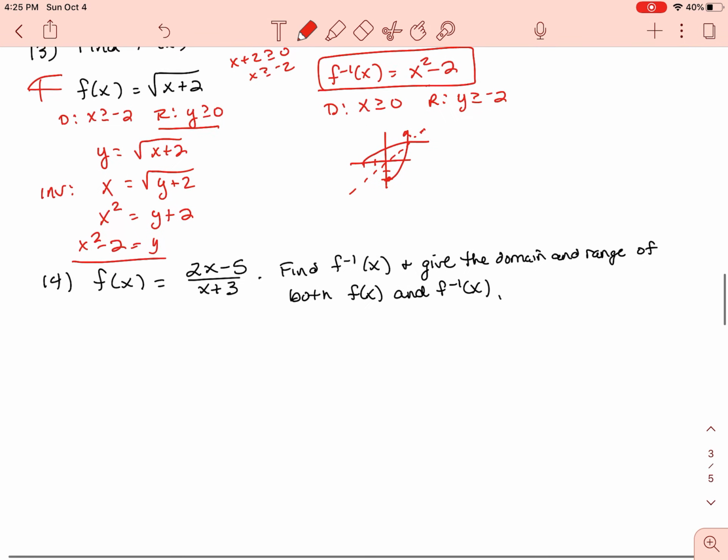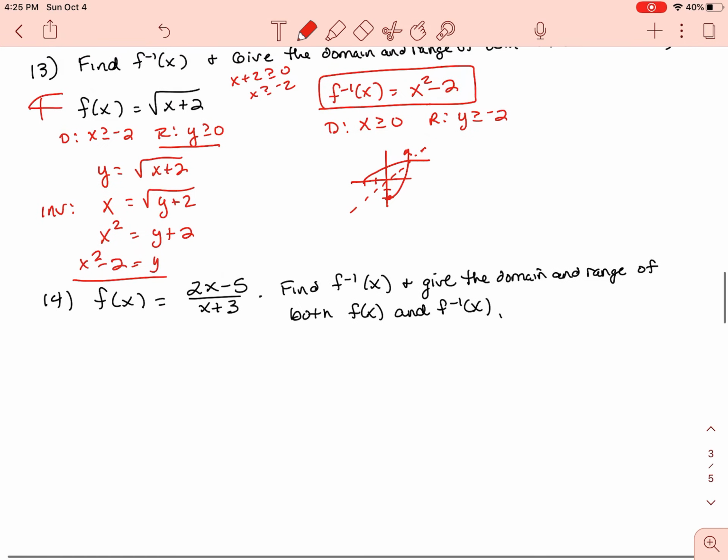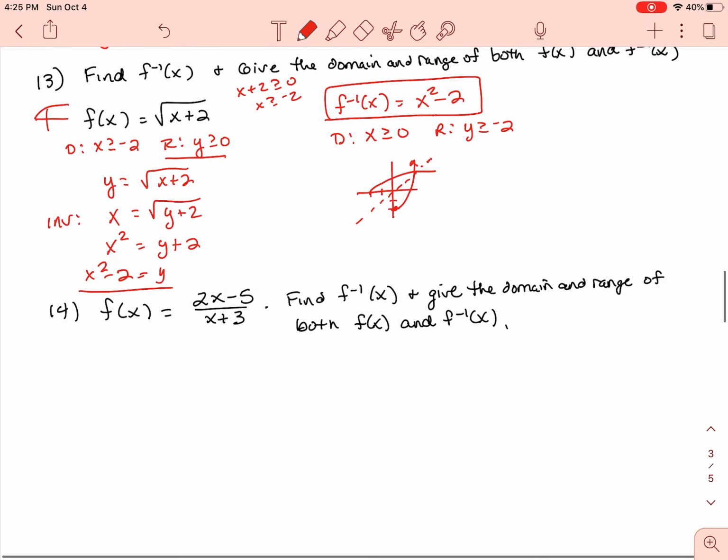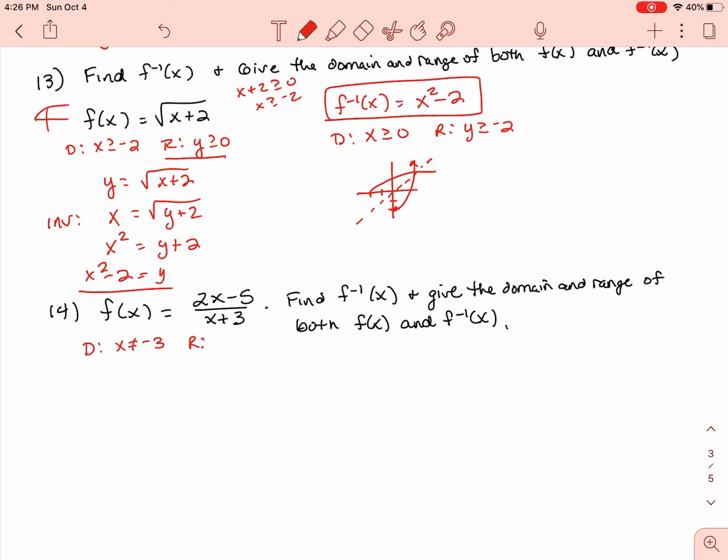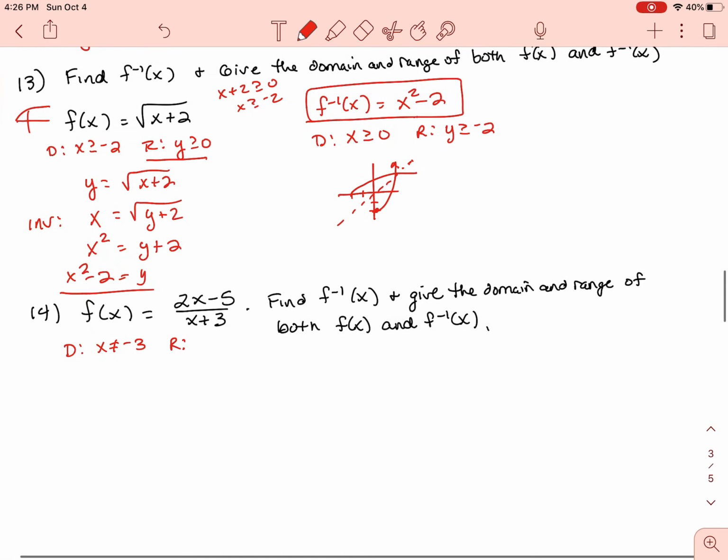Number 14, we're asked to find f inverse of x and give the domain and range. Again, same thing. So our domain is going to be all reals. X cannot equal negative 3. Our range, and this one's a little bit tougher because it is a piecewise function.